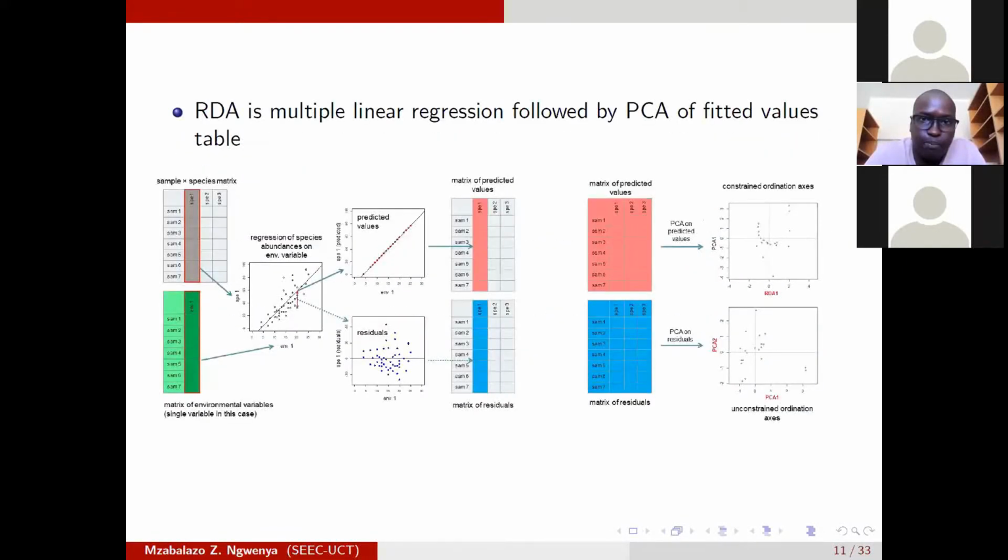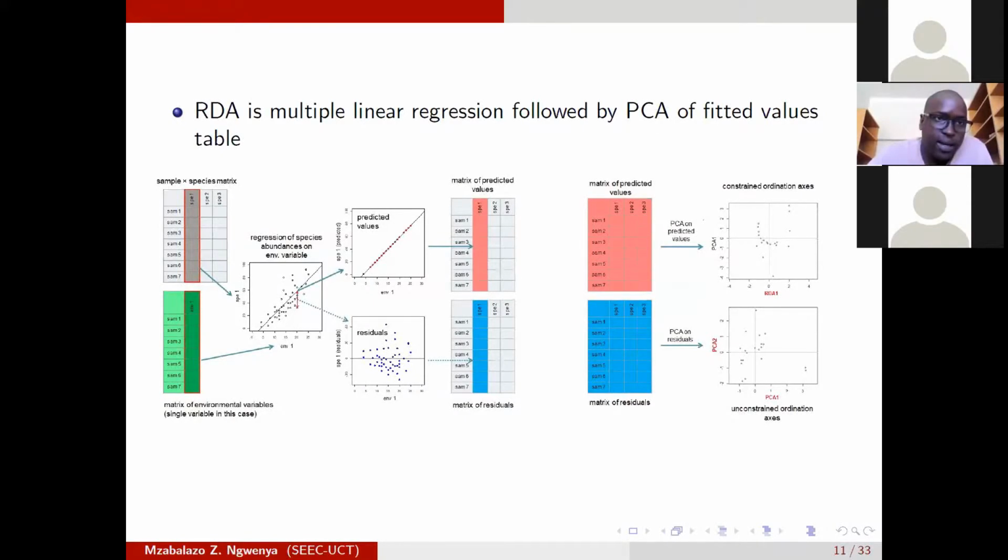Good time. So let's just have a quick overview of what is happening with redundancy analysis. We said ordination basically employs some multiple linear regression in there, which is what is allowing us to decompose variation into variation explained by our environmental variables and variation which we cannot explain.